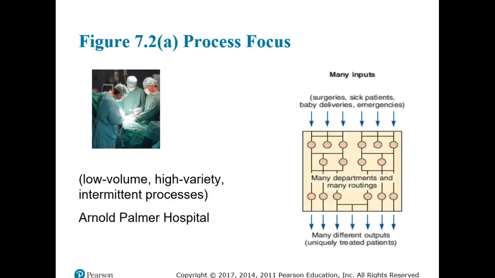These slides describe the process focus and illustrate it with Arnold Palmer Hospital as depicted here in figure 7.2a. Now, in general, the product or customer going through a process-focused facility has no predefined flow. Any particular product or service may pass through a unique route through the system.